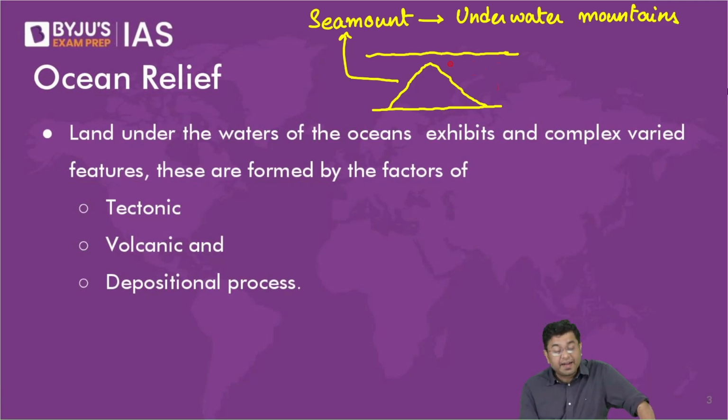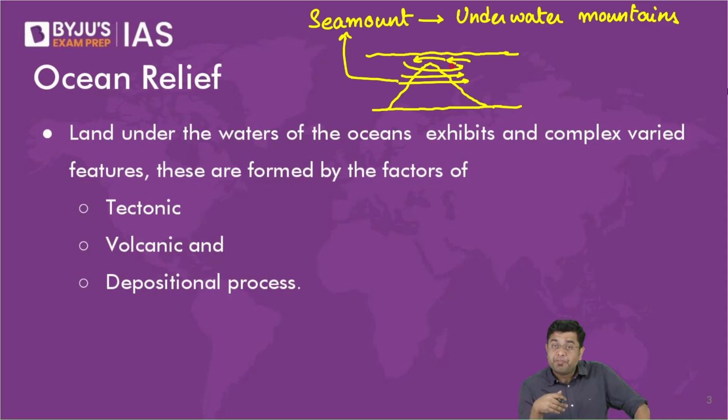Now, in this case, sometimes it also happens that if you have a seamount whose height is not going to increase anymore, whose height is going to lay static, now in those situations, the seawater, the marine water, will end up moving continuously around this particular portion.